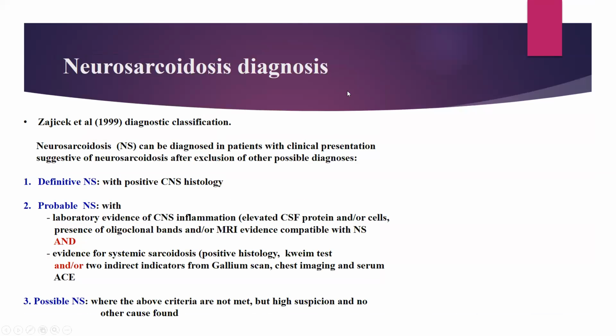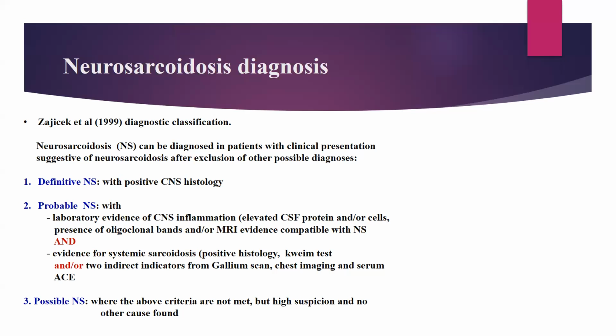So for diagnosis, the most important will be a biopsy, since this is a pathological diagnosis. This is not possible in most cases of neurosarcoidosis because of the potential comorbidities with the procedure. The diagnostic classification used for many years was the Zajicek classification. It reported that patients with a clinical presentation suggestive of neurosarcoidosis, after other causes are excluded, if they have positive CNS histology, are classified as definite neurosarcoidosis.